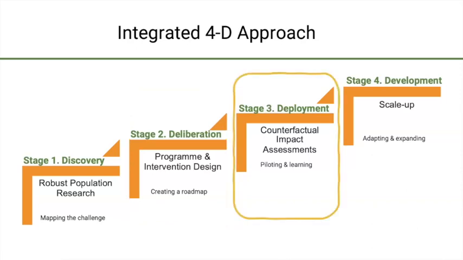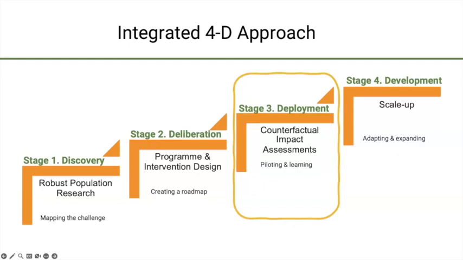When we move to stage three, deployment. Deployment is about piloting and learning about the interventions that we've deliberated on, operationalizing them, and selecting a cross-section of interventions that are sequenced in the roadmap, and testing and learning before bigger investments and bigger resources are invested.